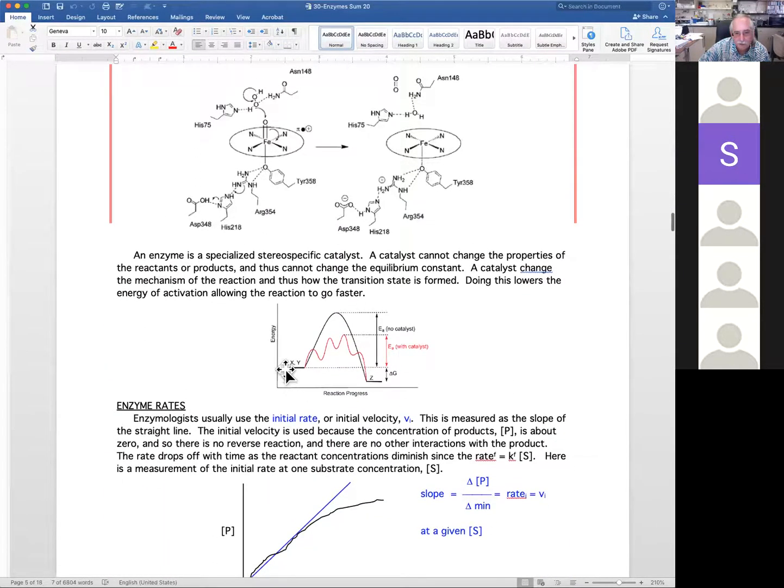So ultimately, an uncatalyzed reaction would have to do this. They would have to bang into each other hard enough, which might require increased temperature. They would have to bang into each other in the exact right orientation, which is not going to be most collisions.